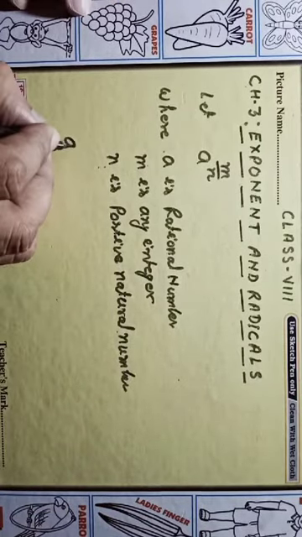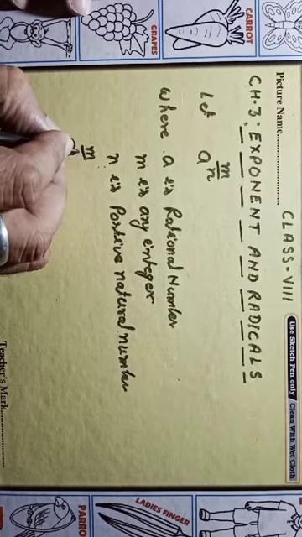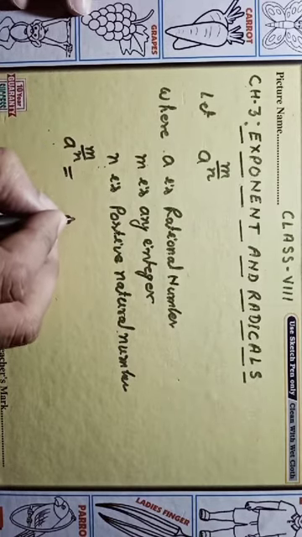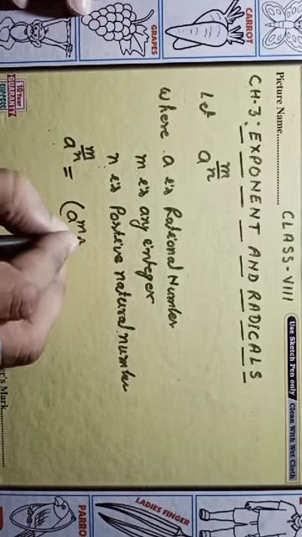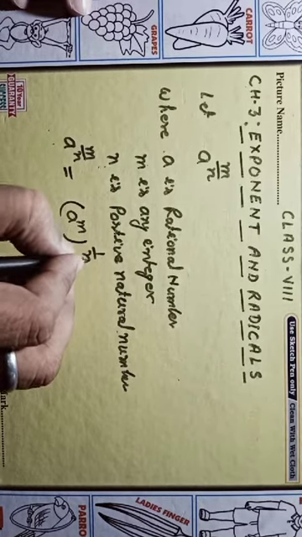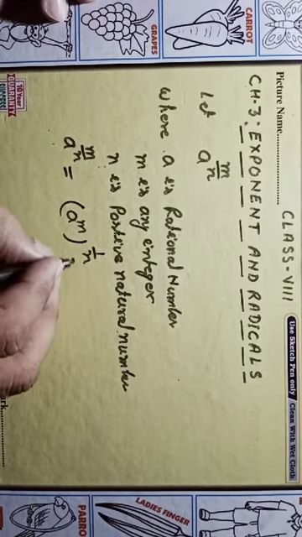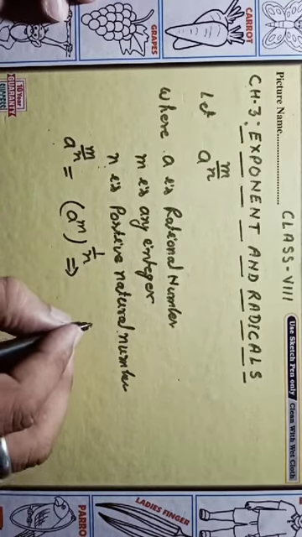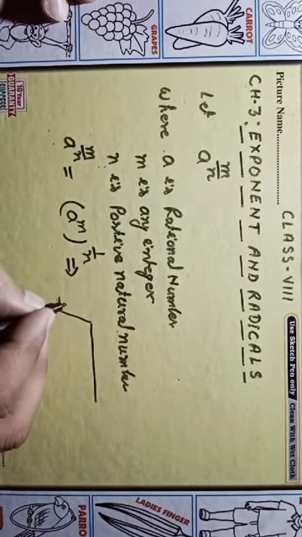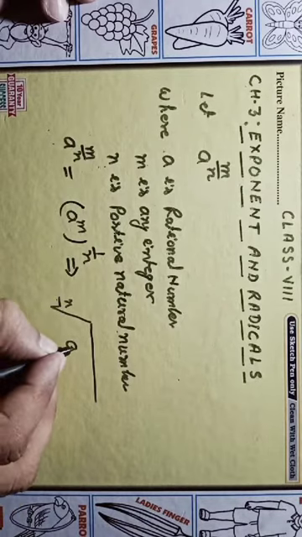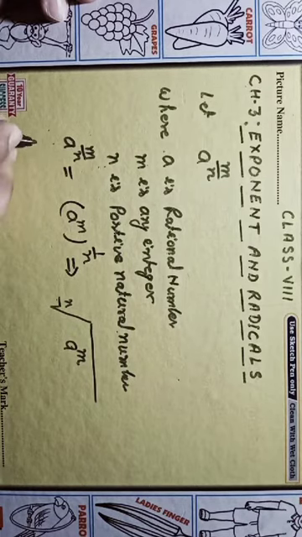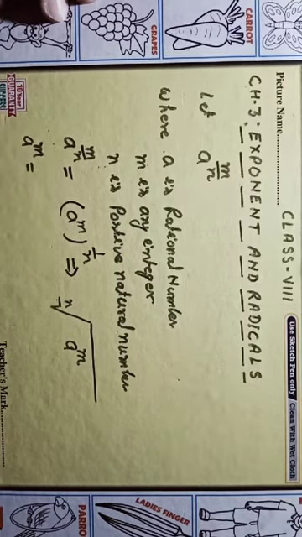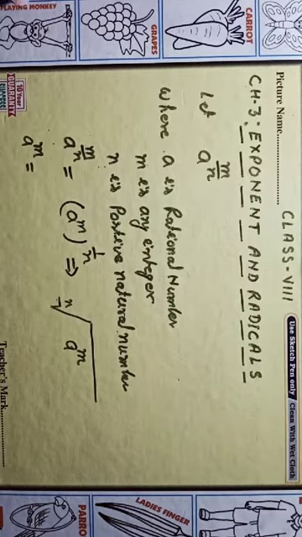Then a to the power m by n is written as a to the power m, to the power 1 by n. Now this value is written as the n-th root of a to the power m, where a to the power m is called the radicand.